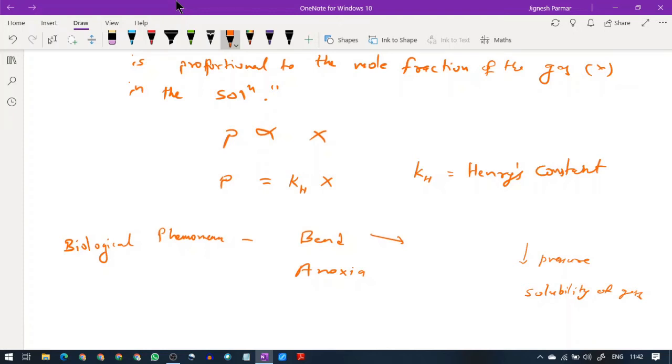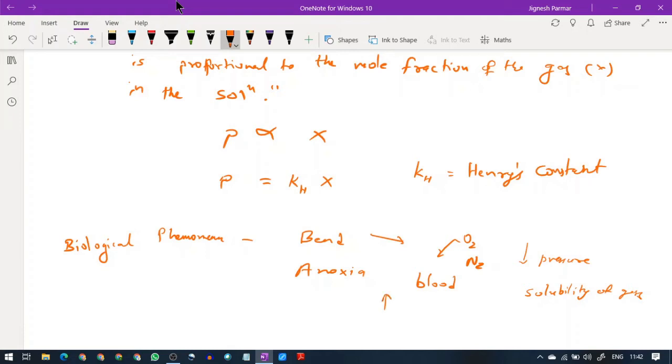So when a scuba diver goes inside, he breathes air at high pressure underwater. Increased pressure increases the solubility of atmospheric gases in the blood. Now in this blood, along with oxygen, nitrogen also comes.